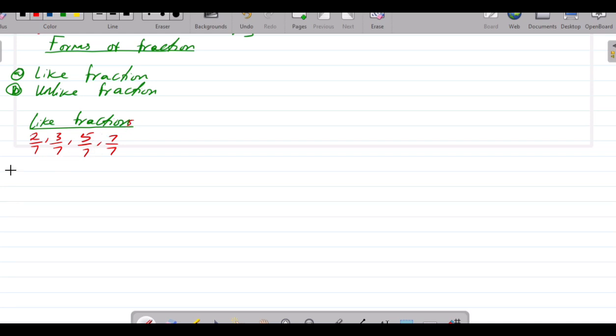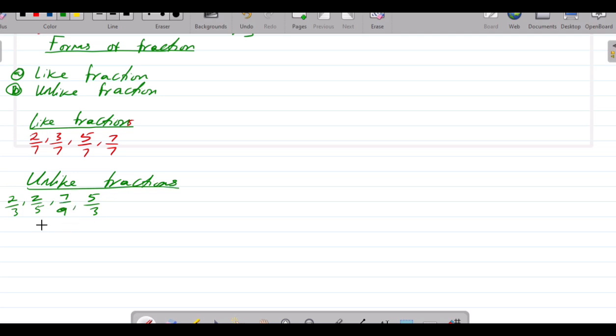Okay, now we talk about unlike fractions. Unlike fractions are fractions with different denominators. That is, we have 2 over 3, 2 over 5, 7 over 9, 5 over 3. All these are regarded as unlike fractions.